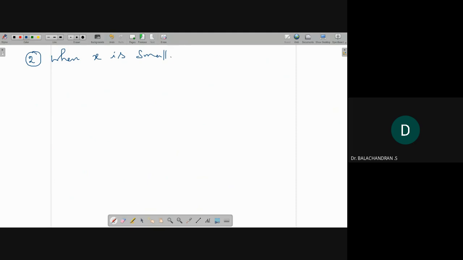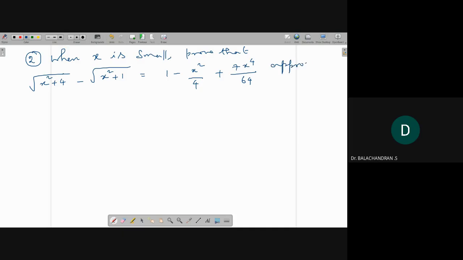When x is small, prove that root of x square plus 4 minus root of x square plus 1 is equal to 1 minus x square by 4 plus 7x power 4 by 64 approximately.